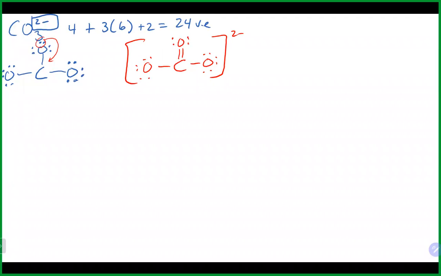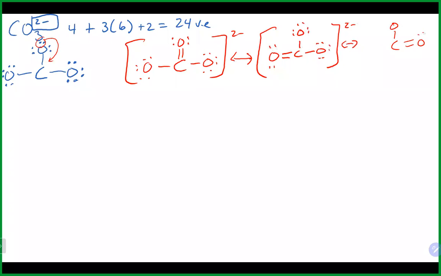This is also another one where you could draw several resonance structures. You could have double bonded there to the left, which would give you this structure. And you could have double bonded to the right, which would give you this structure.